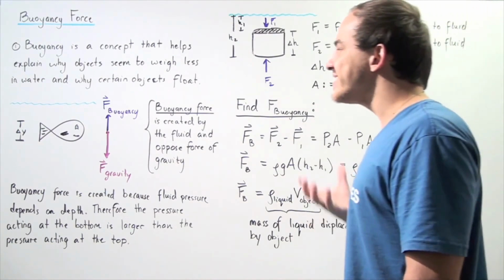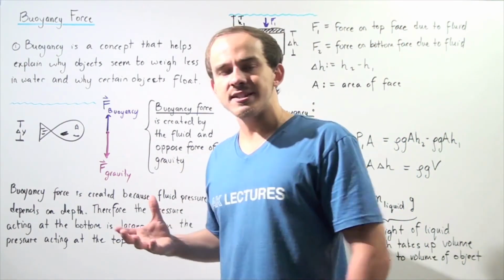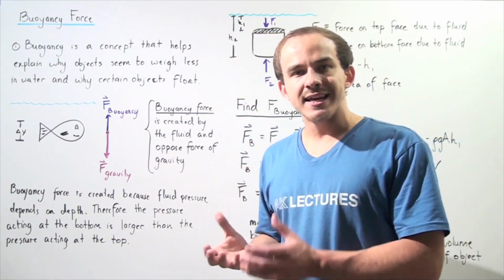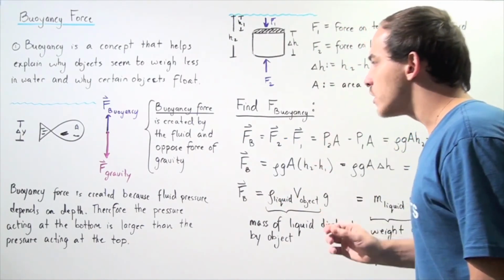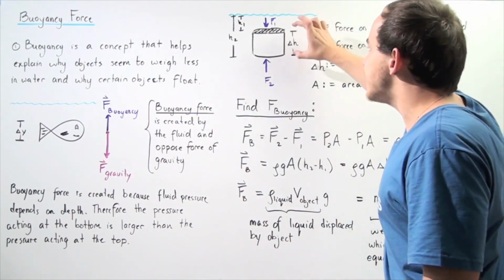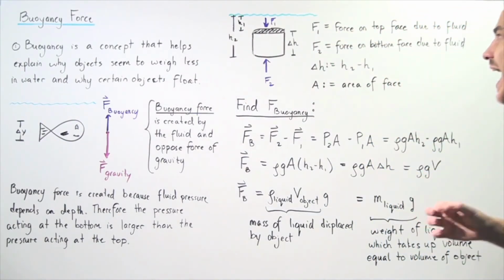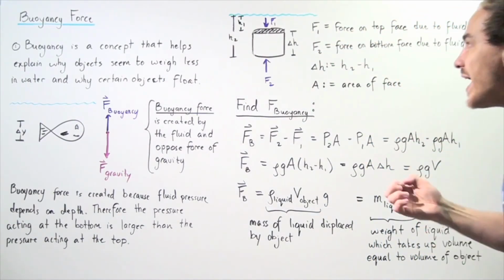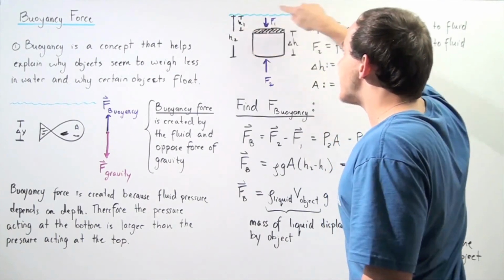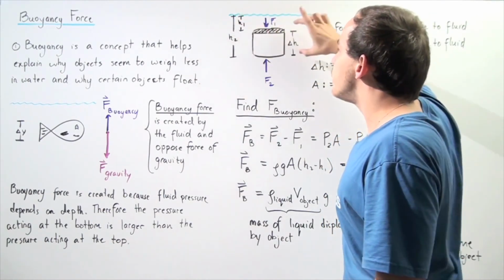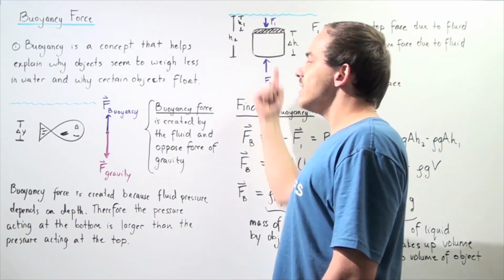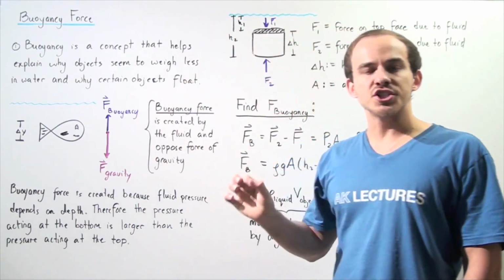Once again, what exactly is the force of buoyancy? Well, the force of buoyancy is essentially the force created by a difference in pressure between the top and bottom of our object, and it's equal to the weight of the fluid that is taken up by this volume. And it points in the opposite direction of the force of gravity.